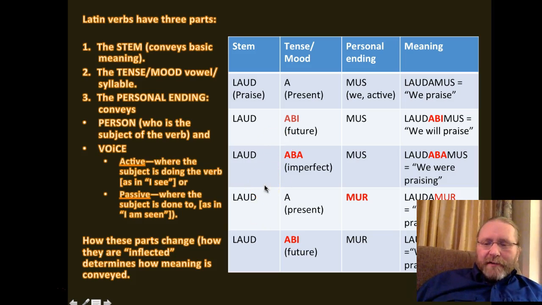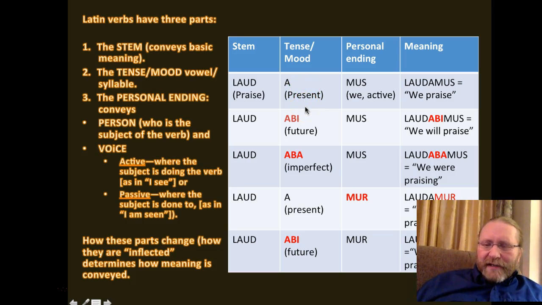The second part of the verb is this tense and mood signifier. I'll talk about mood in a little bit. It doesn't mean grouchy or grumpy or something like that, but it has to do with the way that the action's conceived of in the mind of the speaker. For now, we'll concentrate on tense, which is when a verb takes place in time.